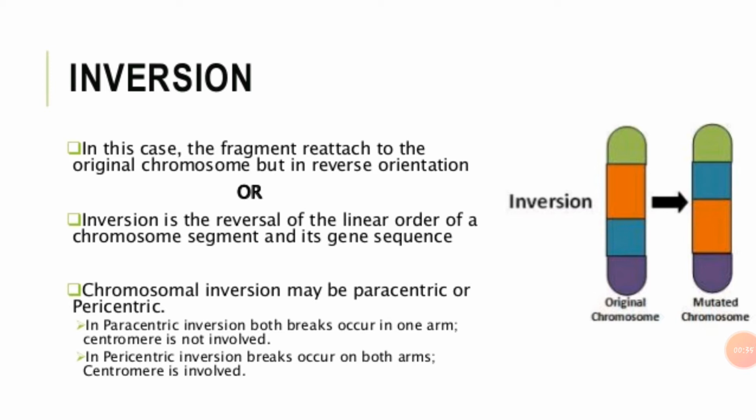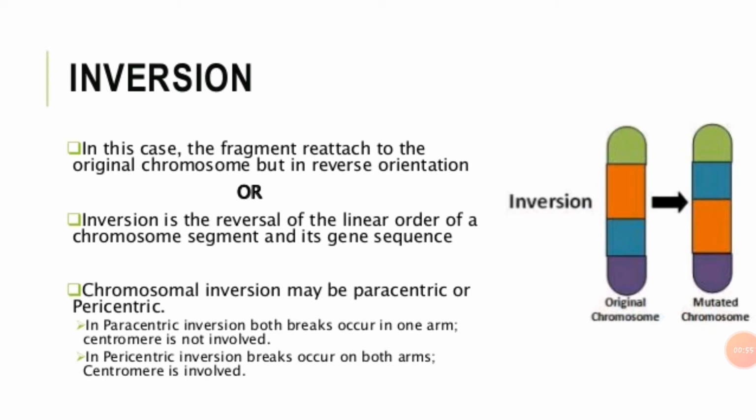The gene sequence in an inverted segment is exactly opposite of that in its normal homologous segment. So here that particular gene sequence is oriented in reverse direction. There is no duplication.